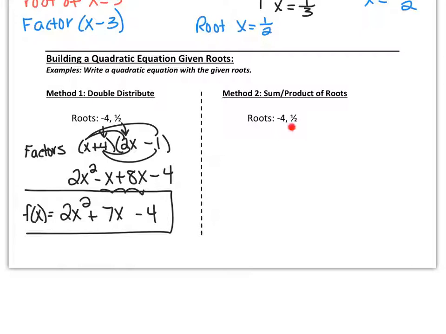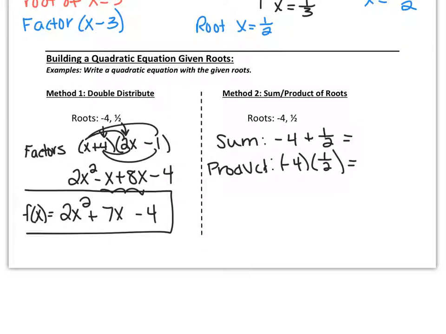Given that I have these two roots, I could use the sum and product trick. I can take their sum, so negative 4 plus a half, and then I could take their product, negative 4 times a half.